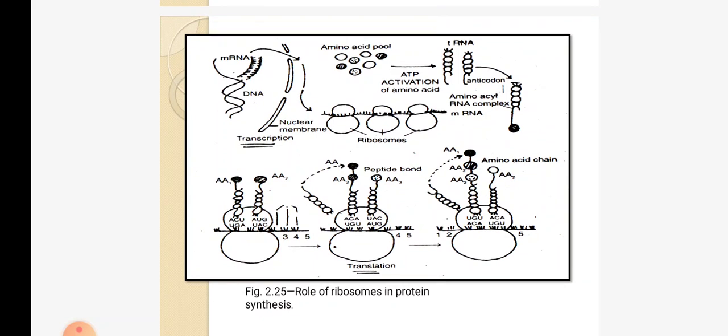The main role of ribosomes is in protein synthesis. Ribosomes are attached on the mRNA string and form an amino acid pool.